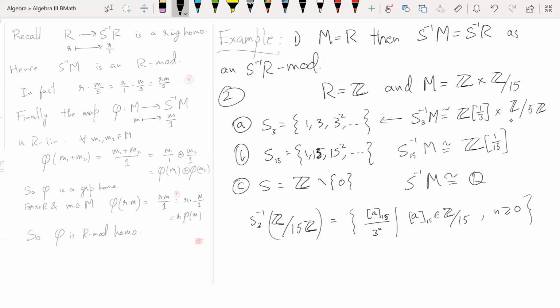Not the normal multiplication: multiplying something by 3 to get 0 is the same as multiplying by 3 power n to get 0, because there is only one factor of 3 in 15. So I have to say that there are only 5 elements here.